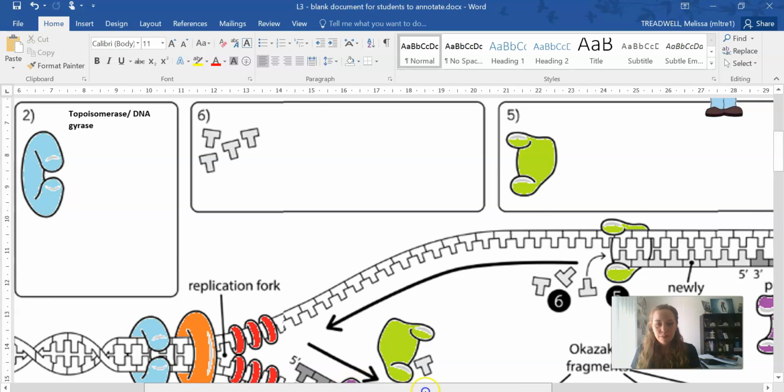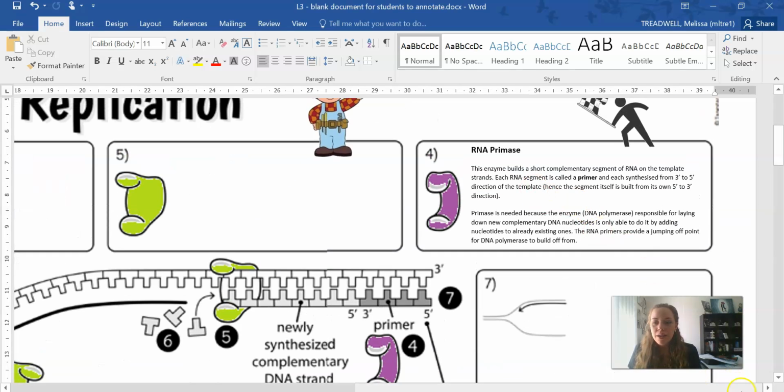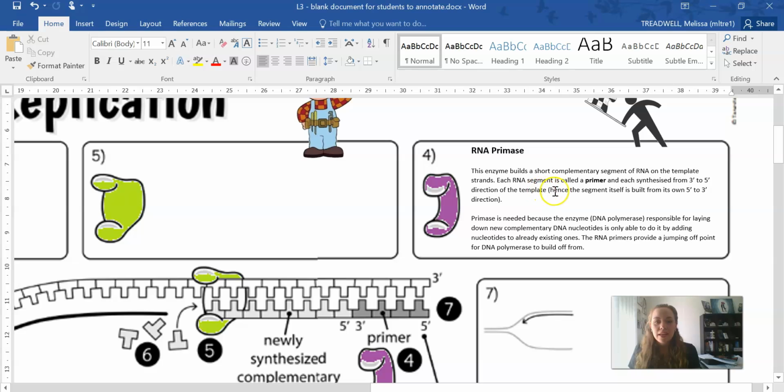So let's just zoom in. RNA primase is an enzyme that builds a short complementary segment of RNA. So it's actually building a segment of RNA. And what's the difference between DNA and RNA? It just means it's going to contain uracil as a base instead of thymine.